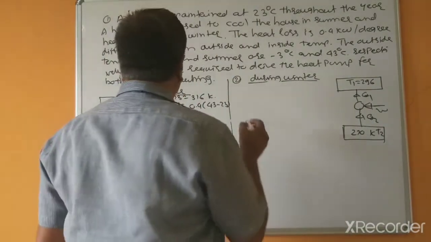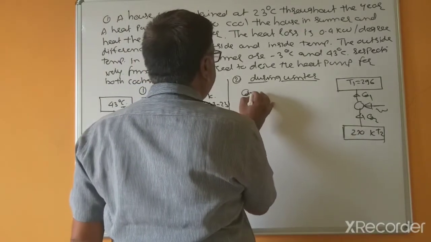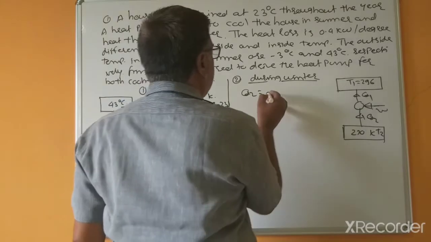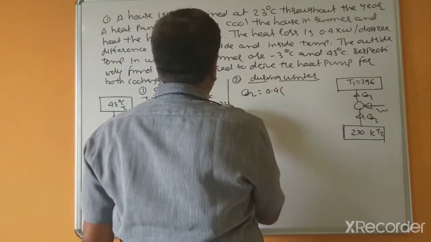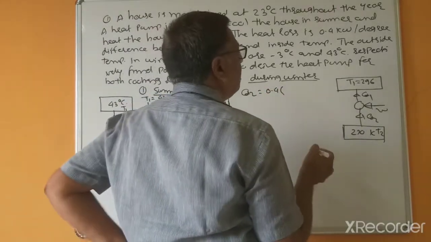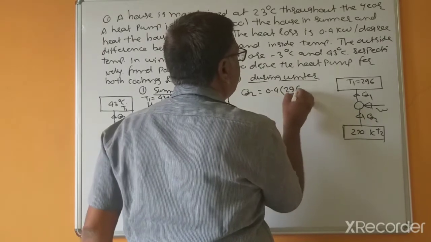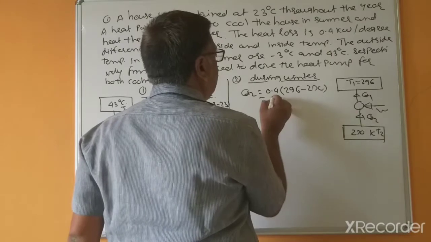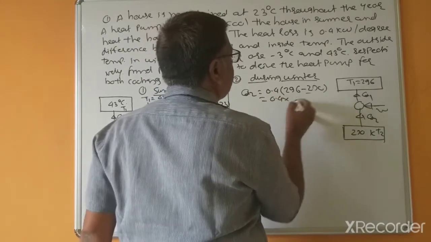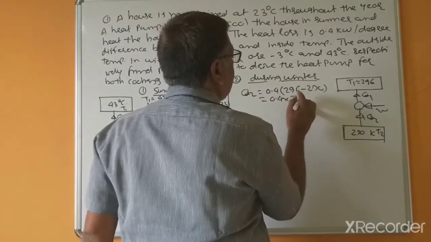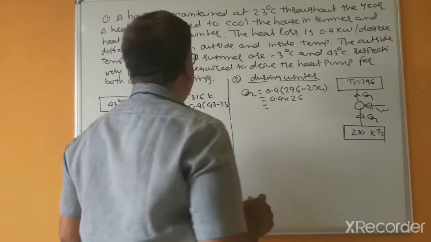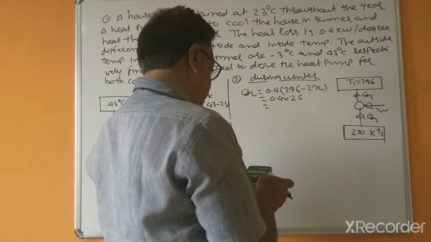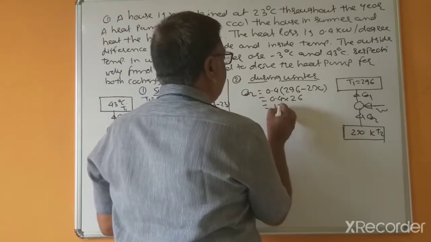Sorry, this Q2 equal to, we have to use the formula 0.4 times the temperature difference, 296 minus 270. This difference is greater, that's why this value will be greater, 10.4 kilowatt.